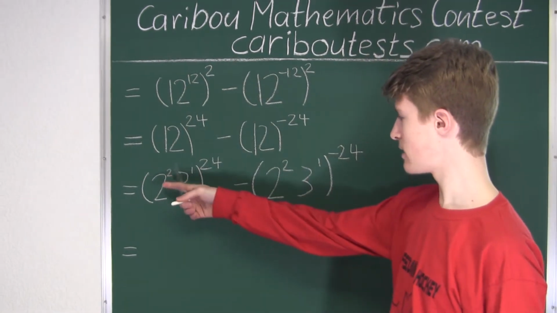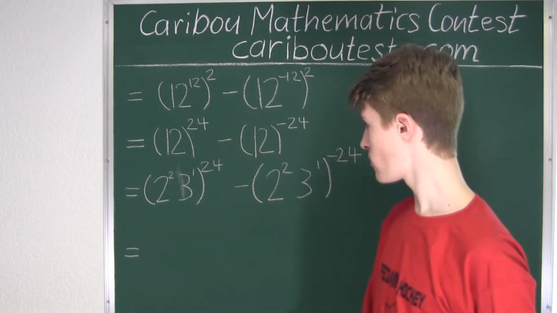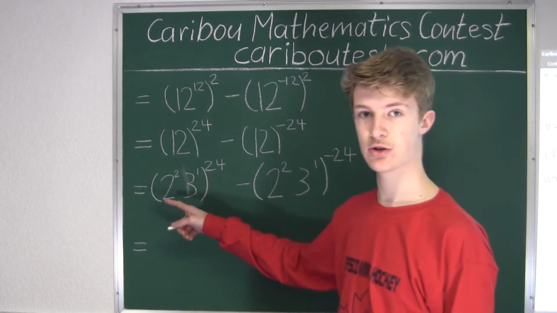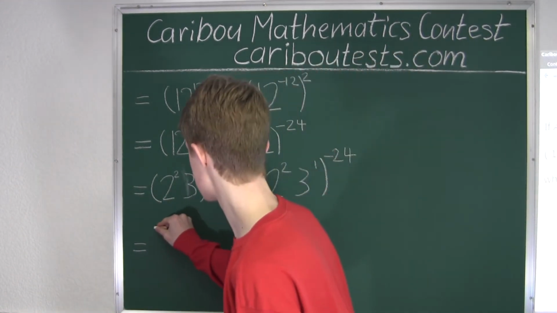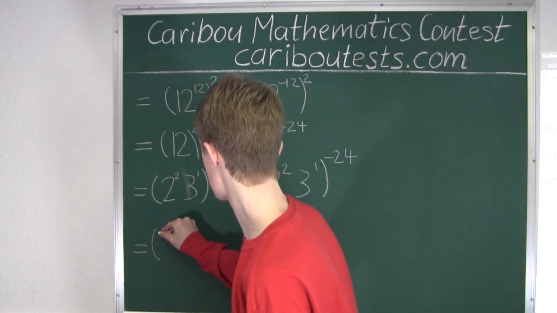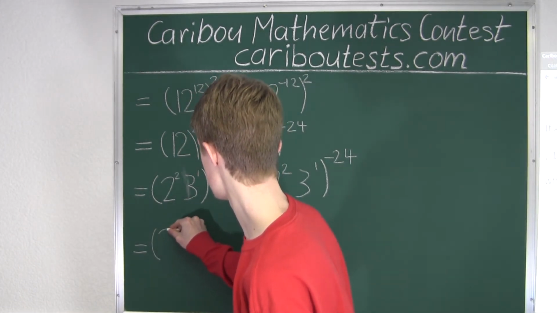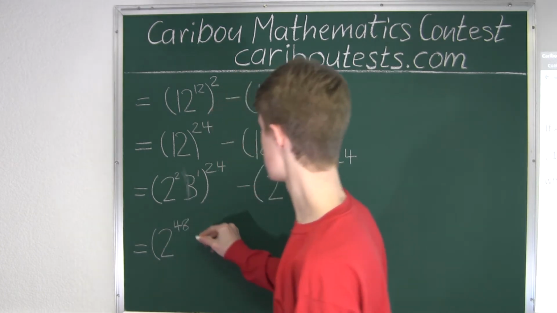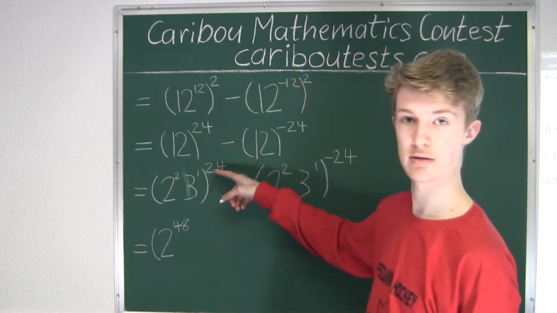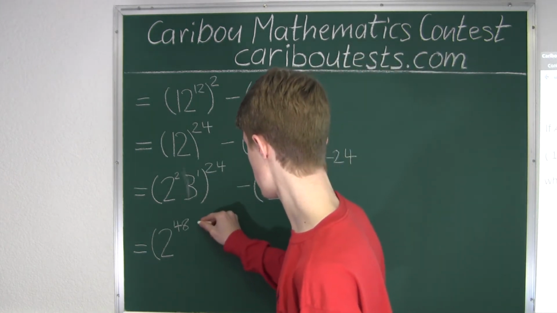Alright, so now again, we will use the same power rule as before. So we have 2 to the power of 2 times 24, which is 2 to the power of 48, times 3 to the power of 1 times 24, which is 24.